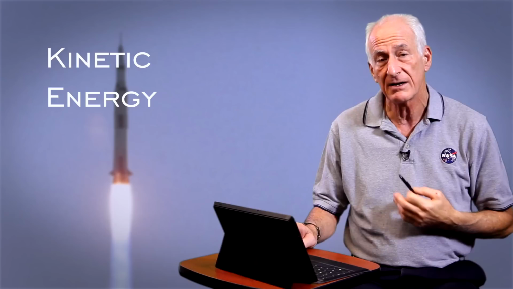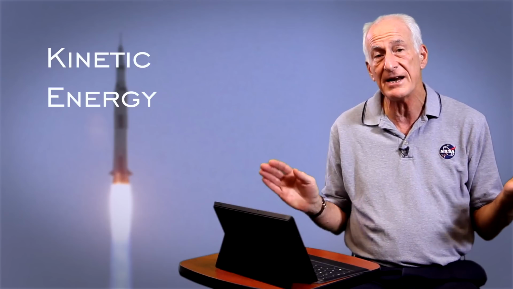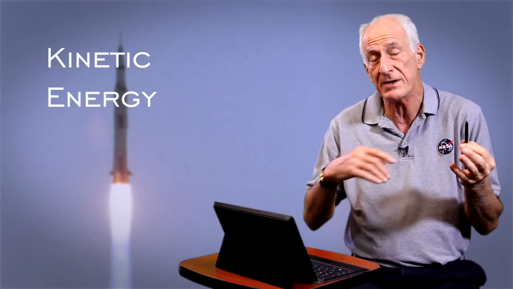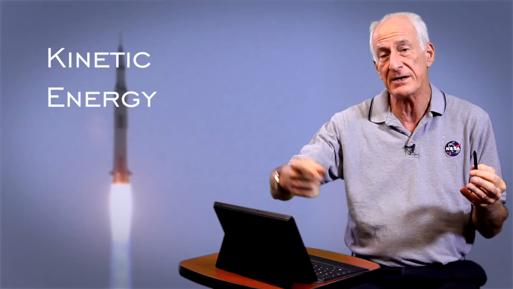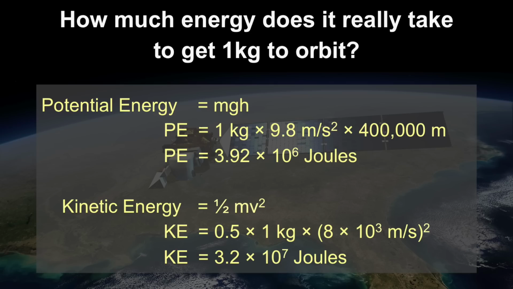In fact, just about 8 kilometers a second to be in orbit a few hundred kilometers above the surface of the Earth. And we know from high school physics that kinetic energy is 1/2 the mass times the velocity squared. So we take the mass of 1 kilogram, we square the velocity of 8 kilometers per second, and we get 3.2 times 10 to the 7th joules, or 32 megajoules.